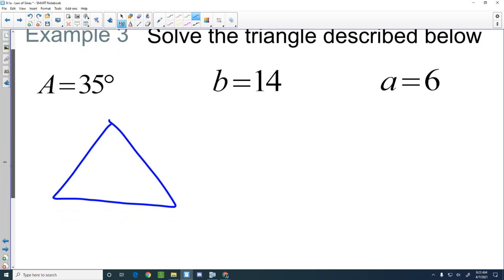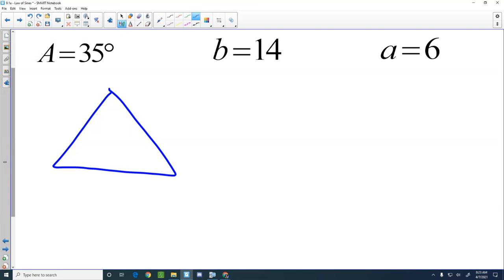And I'd probably start off by labeling my A, B, and C. You might have a different drawing than me, and you might have it labeled differently than me, and that's fine. So I might just do A, B, and C. And so this one angle I'm given is the 35 degrees. Side A is 6, and that's given to me.